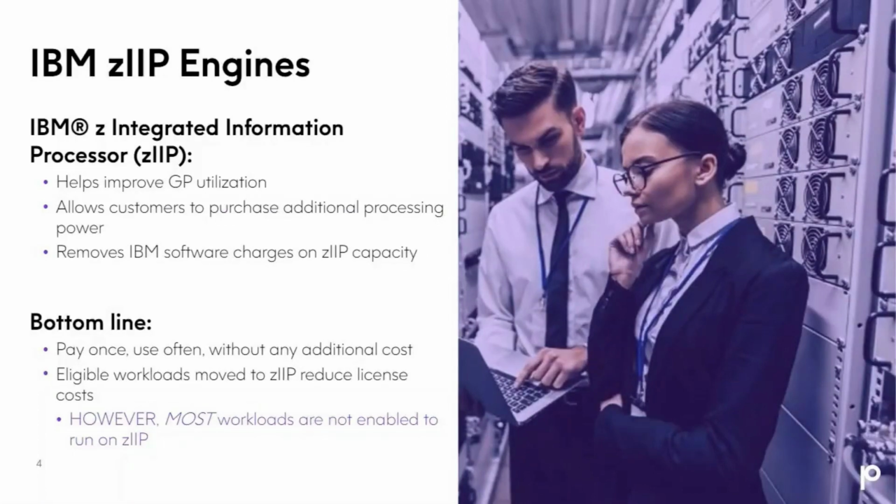And what's interesting about that is that IBM does not impose IBM software charges on ZIP capacity. The charges will apply when additional general purpose engine capacity is used. So the bottom line is that once you purchase the ZIP processor, you can use them without any additional cost. And therefore, moving eligible workloads to a ZIP will reduce general purpose engine utilization and ultimately save software license costs. The big challenge here is that most workloads are not enabled to run on ZIP.